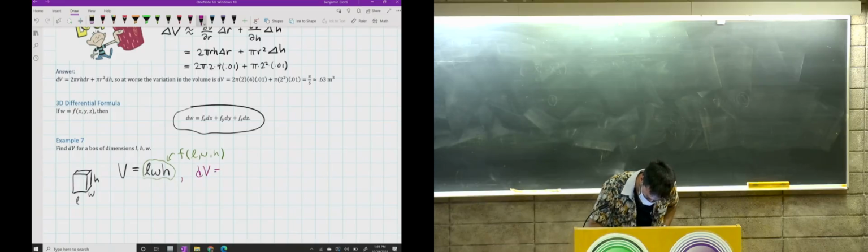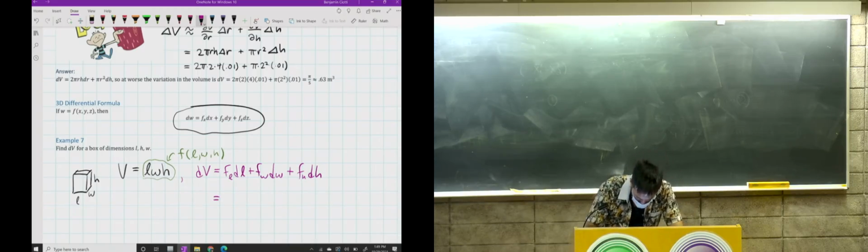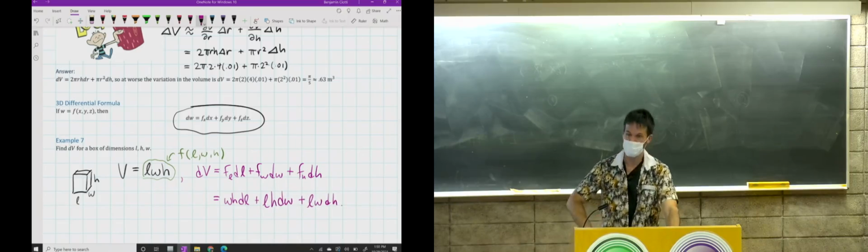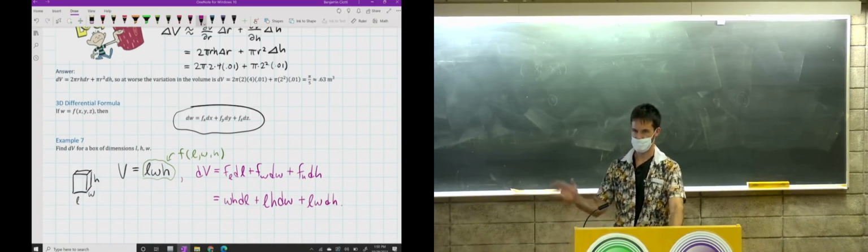It'll be f_L dL plus f_W dW plus f_H dH. So that comes out to be WH dL plus LH dW plus LW dH. And there's your differential volume of this box.